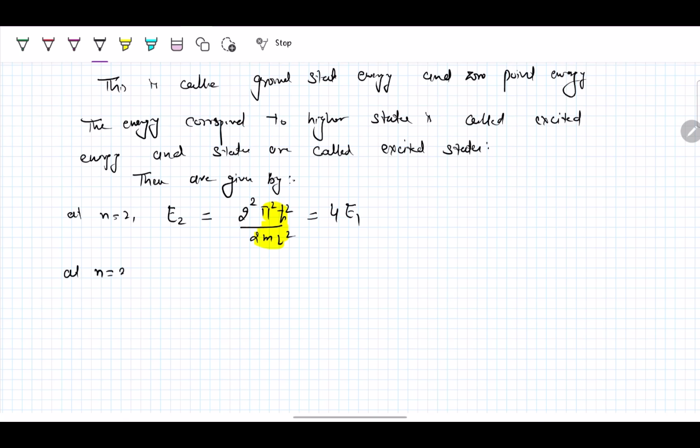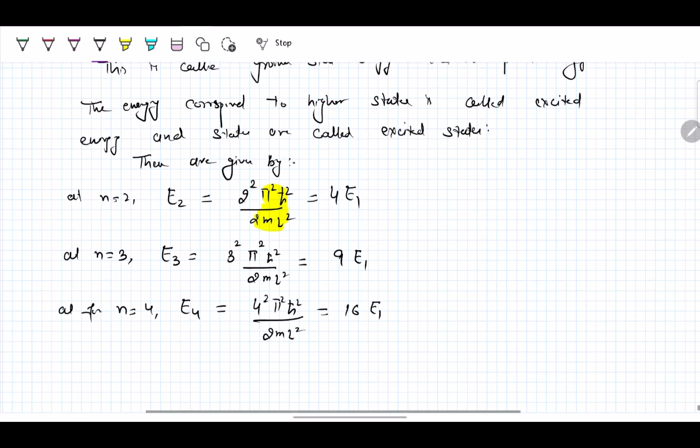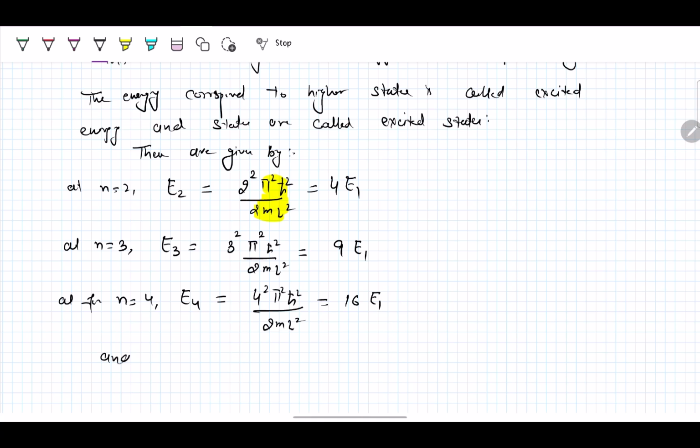At n is equal to 3, E3 is equal to 3 square times pi square h square over 2 m l square, and this is equal to 9 E1. And for n is equal to 4, E4 is equal to 16 E1, and so on up to n values.